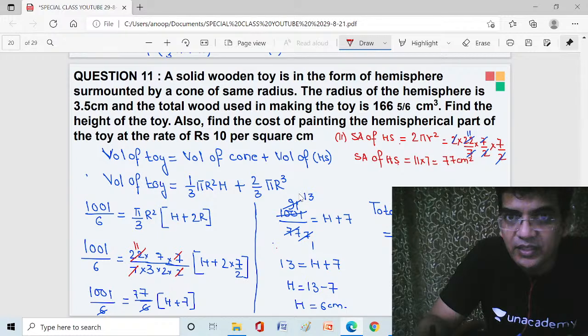So rate is given 10 and area you have calculated 77. So this will be rupees 770. So this will be the cost of painting it. Hope this much is clear to you. Okay, now let's move on to the next question.